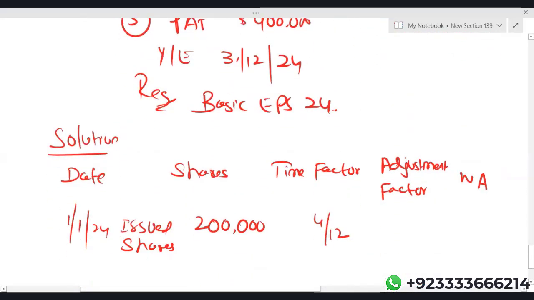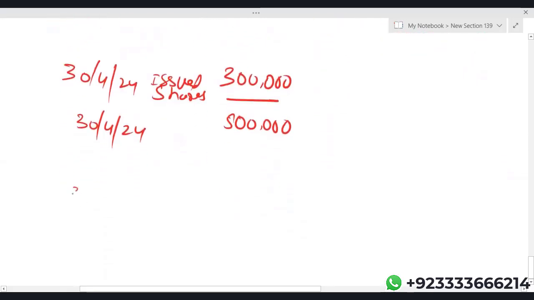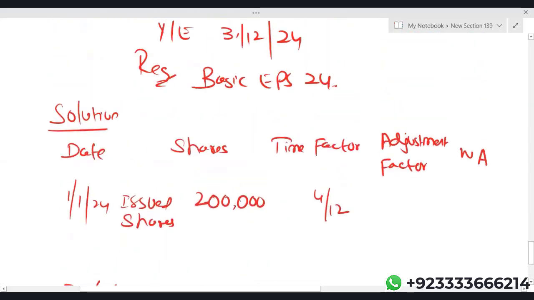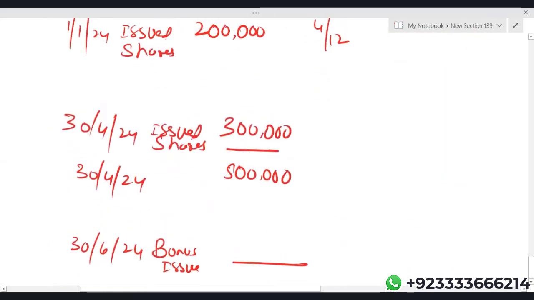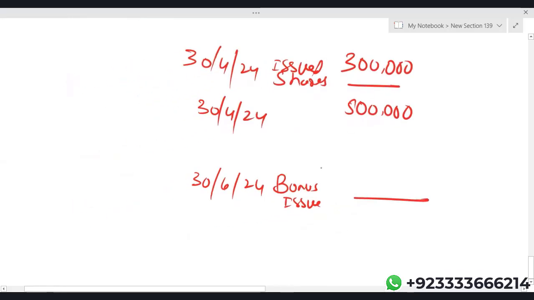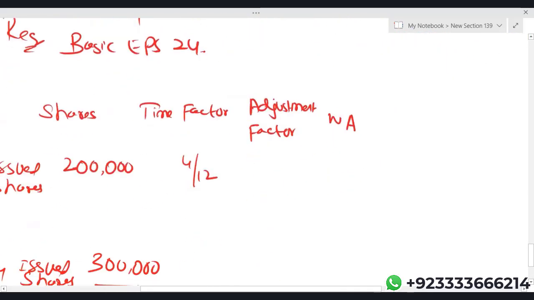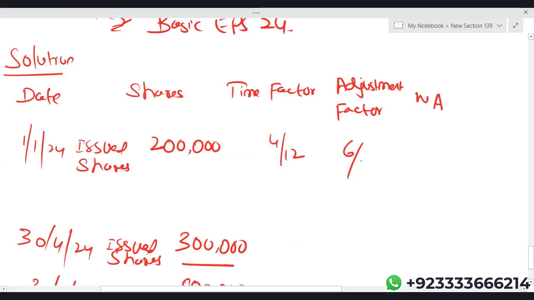So the bonus issue is happening on 30th June 24, and the adjustment factor we have calculated is 6 upon 5. Now listen. 200,000 is obviously before the bonus, and the factor is 6 upon 5.